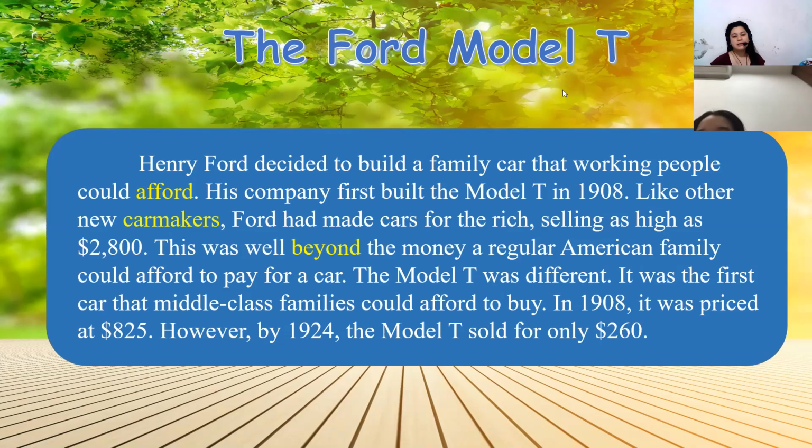Okay, so this is the history of the Ford Model T. Now, the owner, Henry Ford, decided to build a family car that working people could afford. It means the people who can afford to buy that car are only those people who are working, the people who have work.